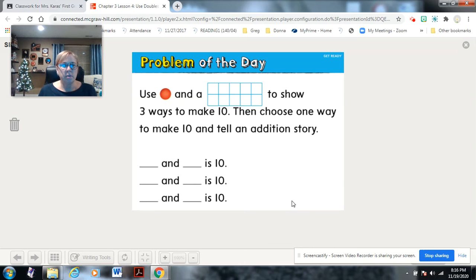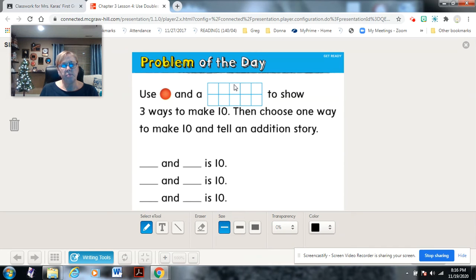They want us to use our two-sided counters to show ways of making 10, and then we put the numbers here. Then choose one way to make 10 and tell an addition story. I think I'm going to start with, let's see, what could you put there?